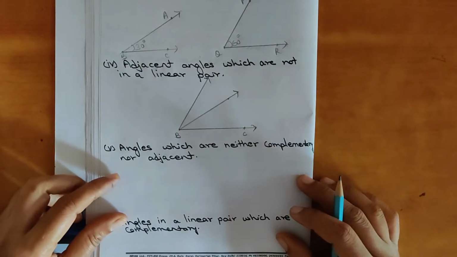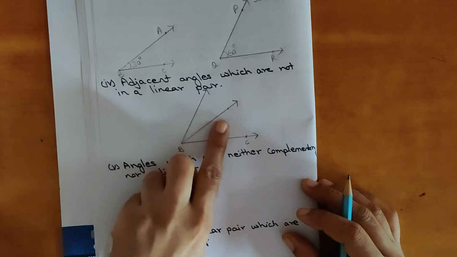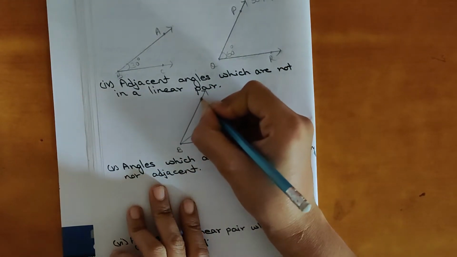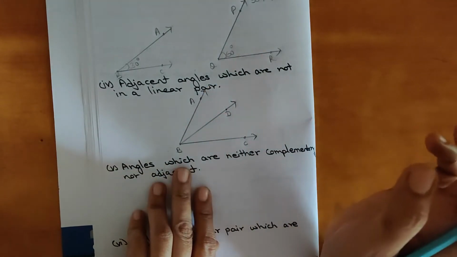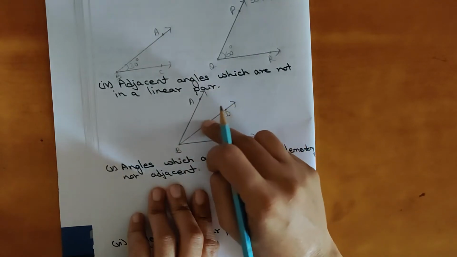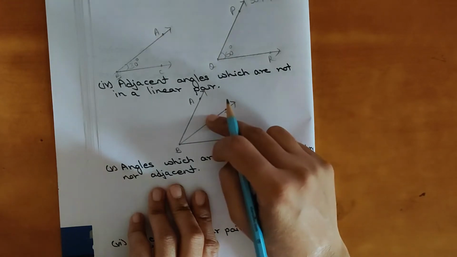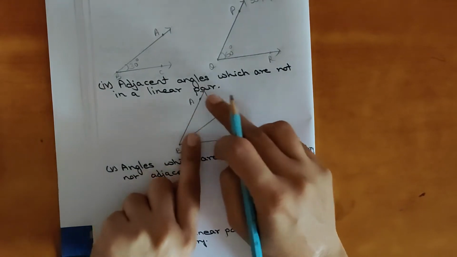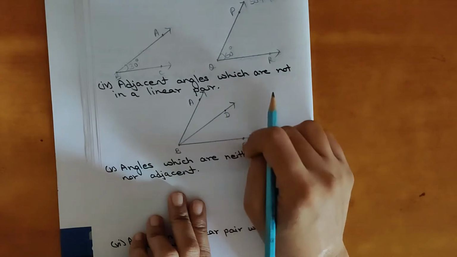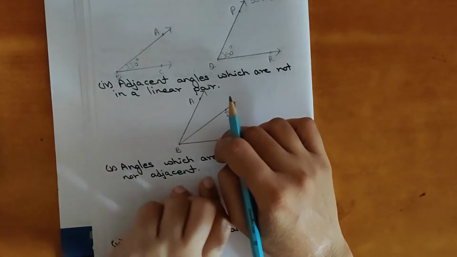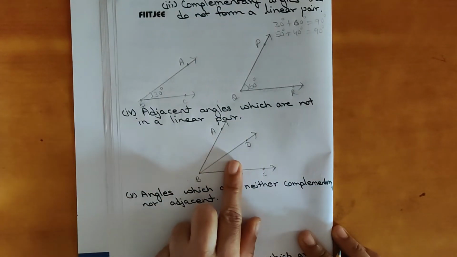Now if you see, adjacent angles which are not in a linear pair. So what are adjacent angles? Angles which have a common arm and common vertex and their interiors are separated. So they are said to be adjacent angles. Angle ABD and angle DBC are adjacent angles and they are not forming a linear pair. So this is an adjacent angle.